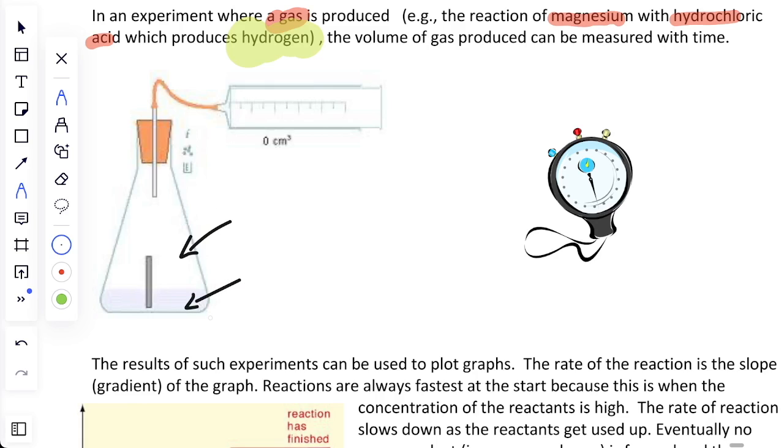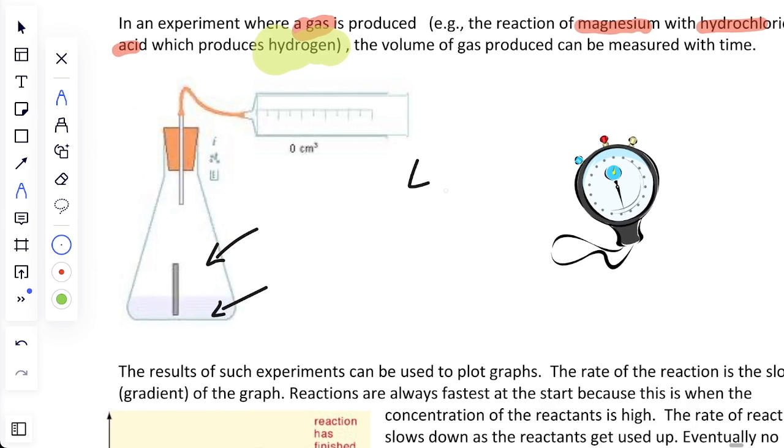This hydrogen gas will go up the tube, all the way, and the gas is collected. The gas goes up the tube, and in the gas jar it collects how much gas there is. Then we use a stopwatch to see how much gas is collected over how much time. So that is the experiment. It's simply a simple experiment with the help of a metal and an acid, and how fast the gas is produced.